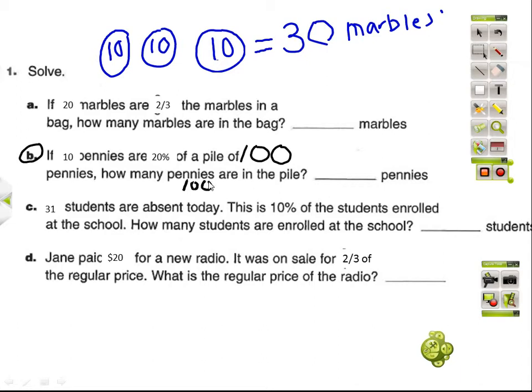I like multiplication, and you can divide by 20 to get 5. So now I know that 20 times 5 is 100, or 100 divided by 20 is 5.